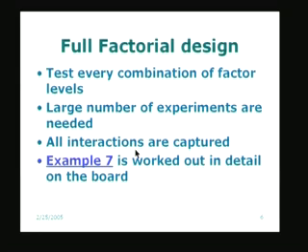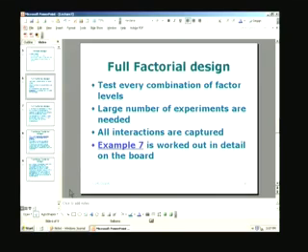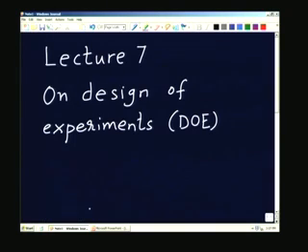We will explain this of course with a simple example. Example 7, I am going to work it out on the board. It will become clear as to what we are talking about. So, the advantage of a full factorial design is that it is going to give you information about all the parameters or all the factors which are going to decide the outcome of the experiment.